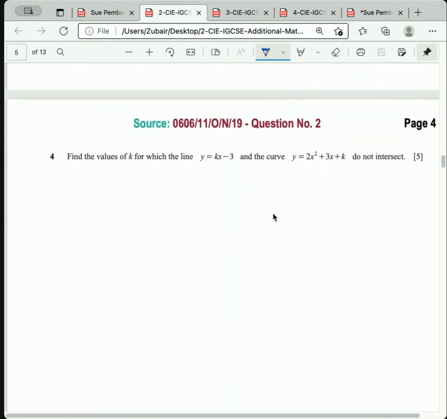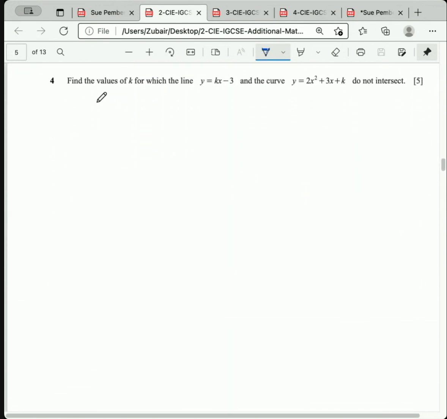Then number 4. Find the value of k for which the line and this curve do not intersect. So do not intersect, the case is b squared minus 4ac less than 0. Kx minus 3 is equal to 2x squared plus 3x plus k.